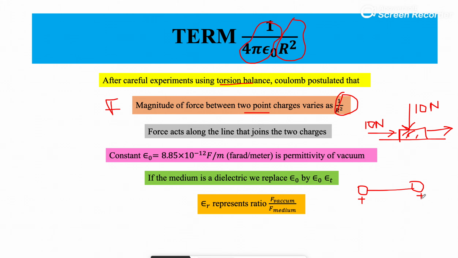Then this charge Q1, as a source charge, will push the positive test charge along the line joining them. So you can push it away.